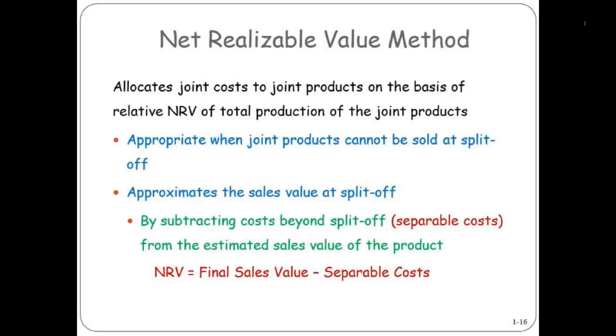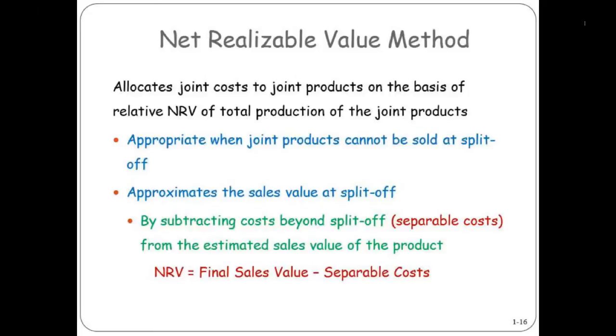That product has an end value after the separable costs of processing. You have to take that end value, subtract out the separable costs, the costs that were implemented just for that product, and then you can have a net realizable value at separation. And you then work with that value.